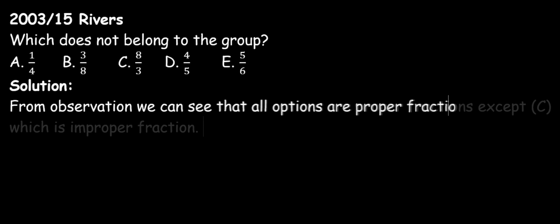Let's take some examples. Which does not belong to the group? The options are given. Solution. From observation, we can see that all options are proper fractions except C, which is an improper fraction. Another example. Express 9 whole number 6/11 as an improper fraction.